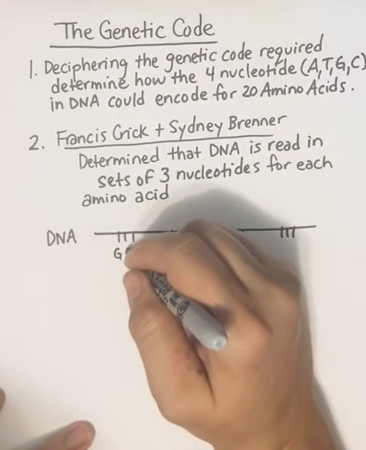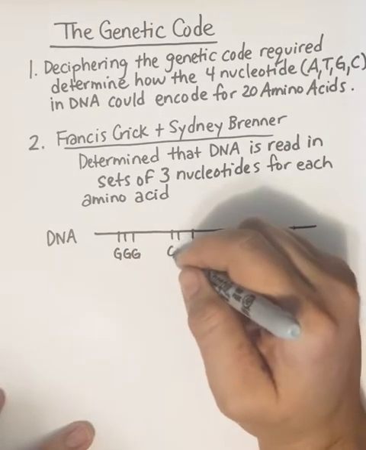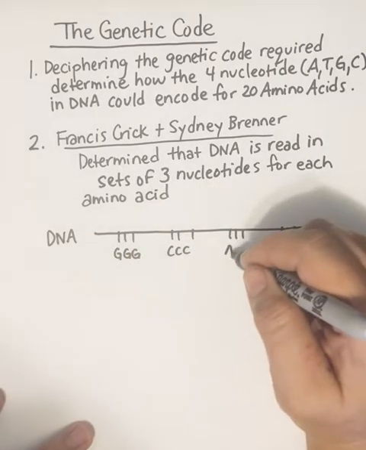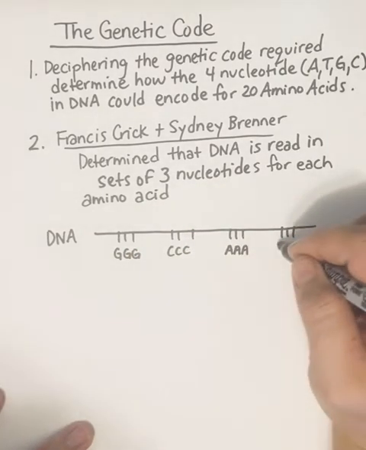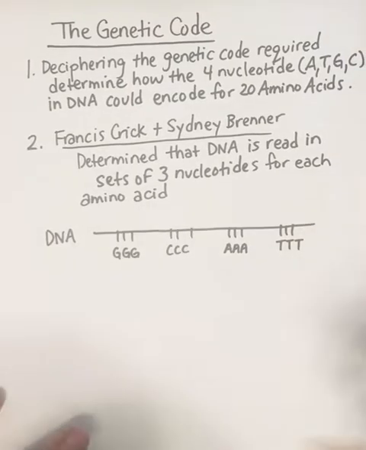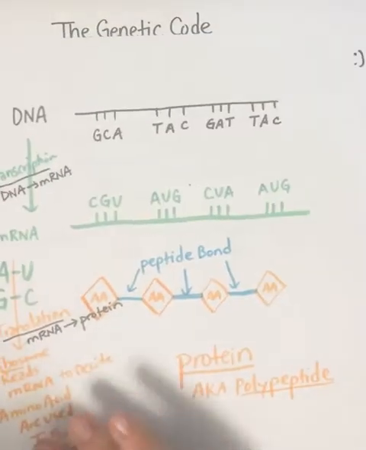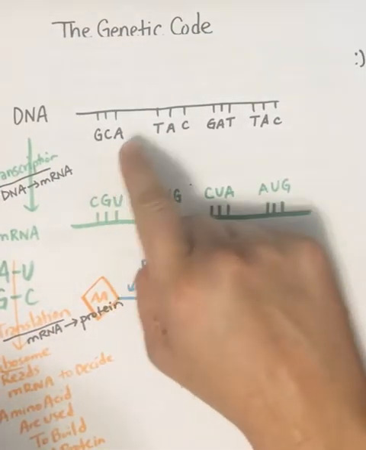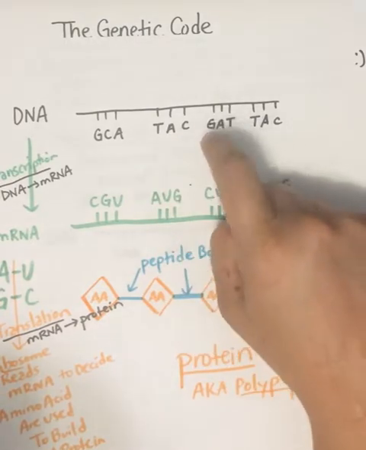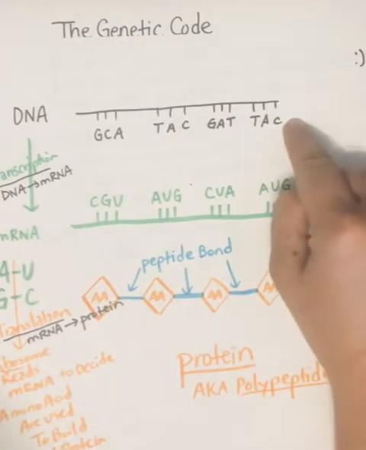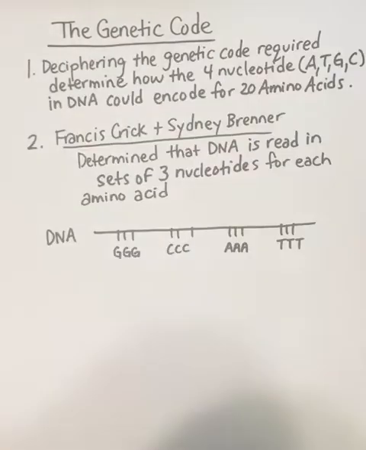You can make these up. GGG, CCC, AAA, TTT. I'm just using the same letters. They're read in sets of 3. You will always see me write these in sets of 3. GCA, TAC, GAT, TAC. This is called a codon.